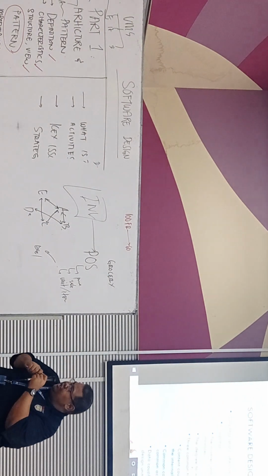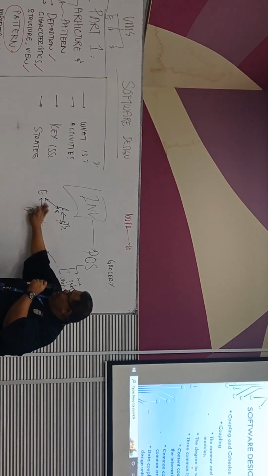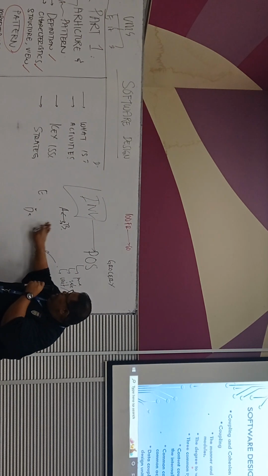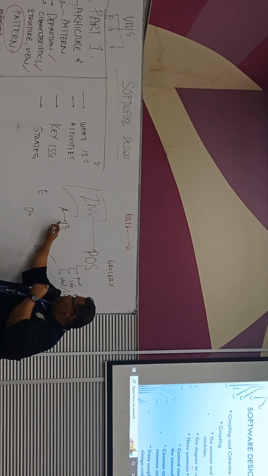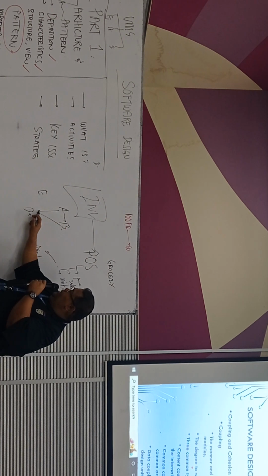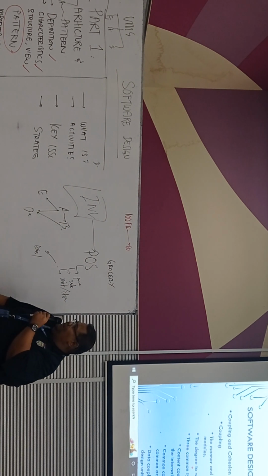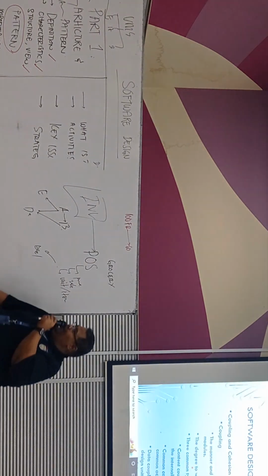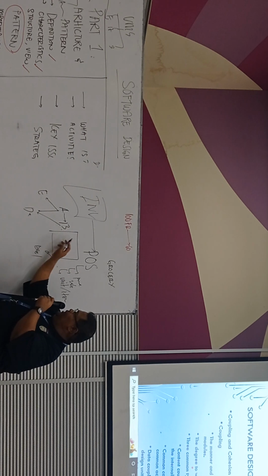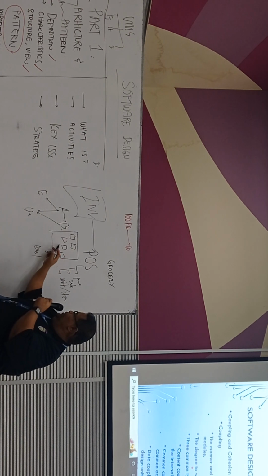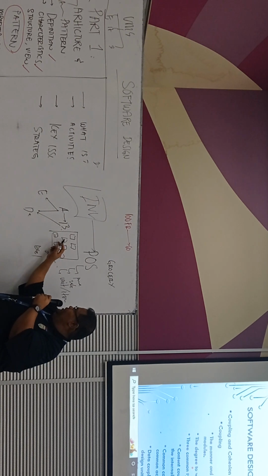What is cohesion? Cohesion is like this. Let's say I have 5 different components with 5 different objectives: A to B, B to D, A to D, A to E. Okay, this is low coupling. But when I zoom into B and look at the detail, let's say I have 50 classes.